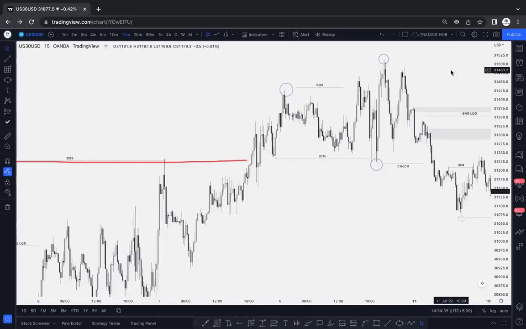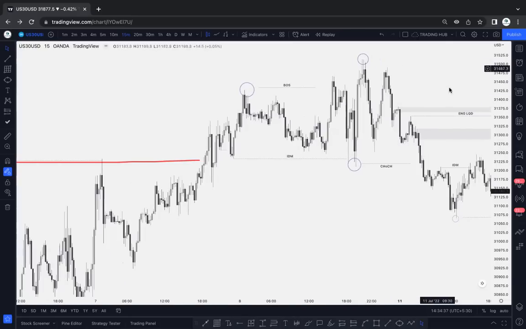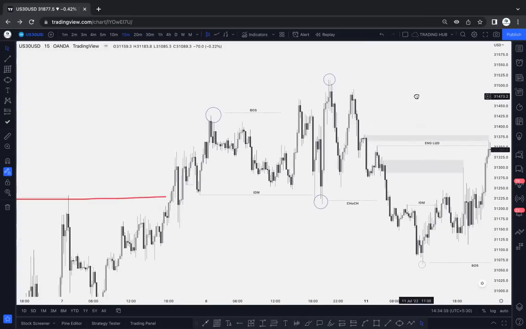And then what happened? This is high. I pause. This is my confirmed low, right? This is my order block.